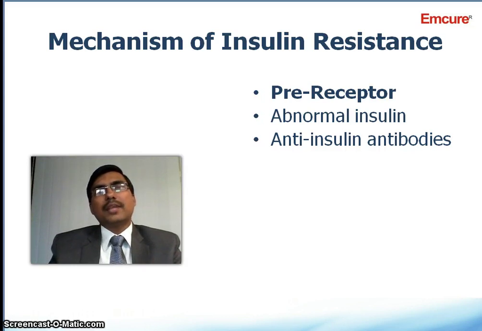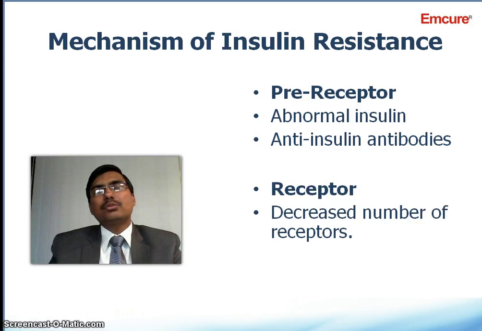The second mechanism of insulin resistance is via receptors directly. Many a time what happens is the total number of insulin receptors decreases, and thereby insulin finds it difficult to find the receptor and bind and stimulate those receptors.